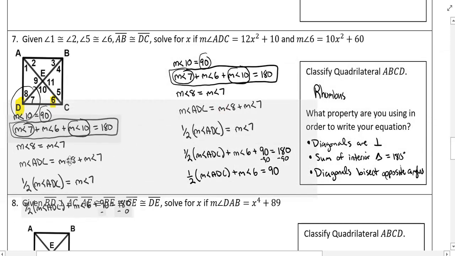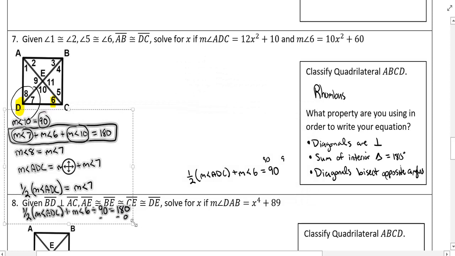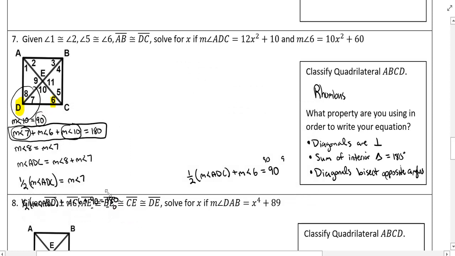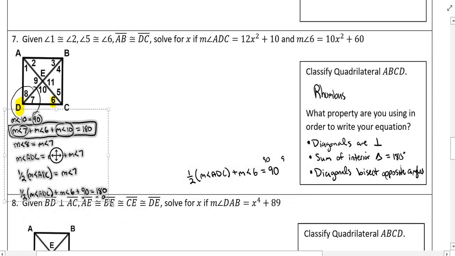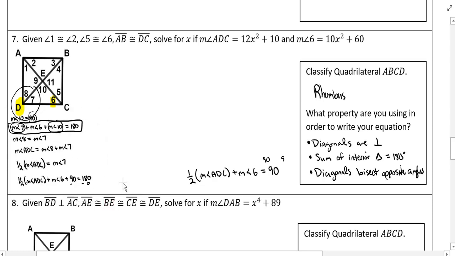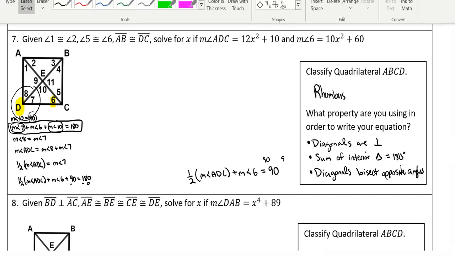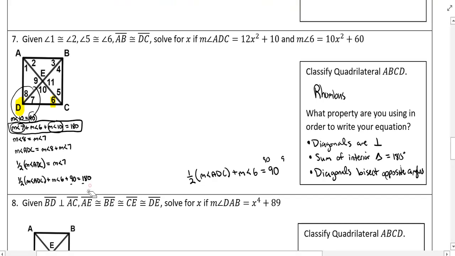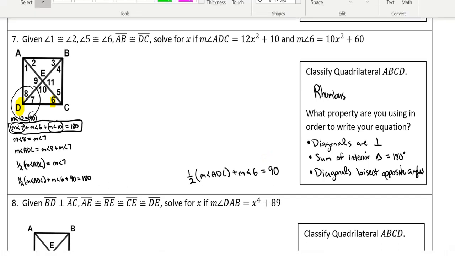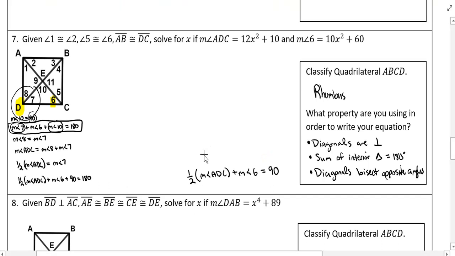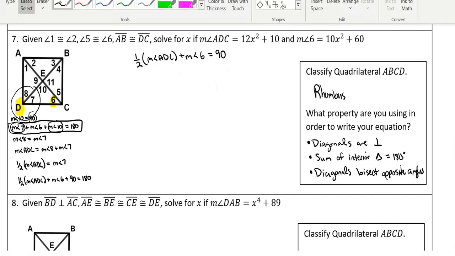Move that over here. Shrink it down a little bit. Okay, now let's put in the equation.